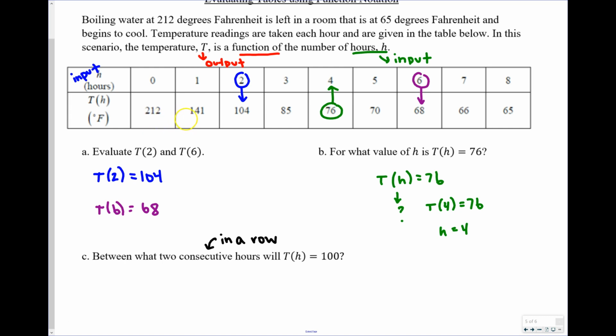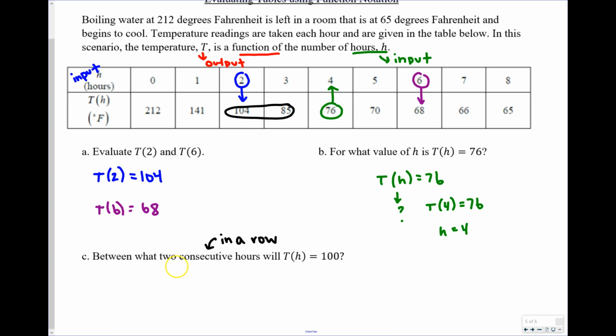Let's look at the first two, 212 and 141. 100 is not between those 2 numbers, so it can't be between 0 and 1. For 141 and 104, 100 is not between those 2 numbers because the lowest one is 104, so it doesn't get to 100. Now I look between 104 and 85, and there's where 100 would fall, because 100 is between 85 and 104.